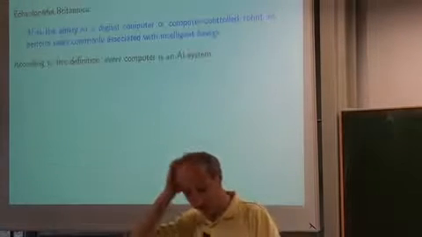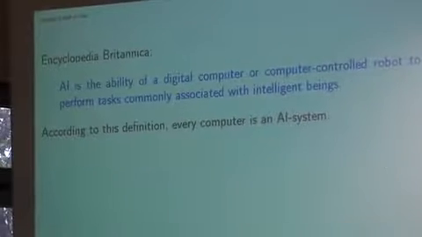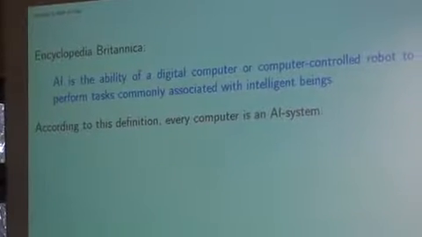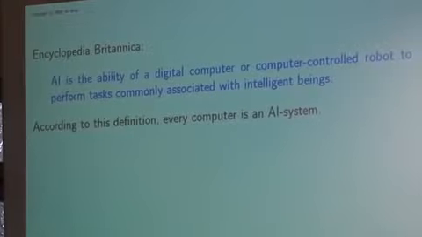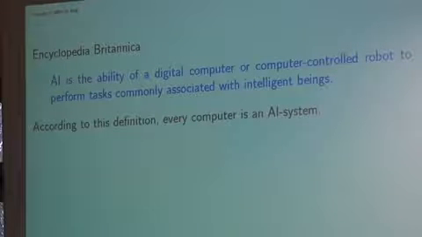Okay, another definition from the Encyclopedia Britannica. AI is the ability of a digital computer or computer-controlled robot to perform tasks commonly associated with intelligent beings. This is similar to McCarthy's definition, but a little bit more detailed. Commonly associated with intelligent beings.